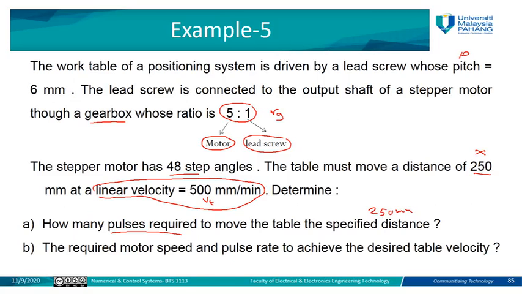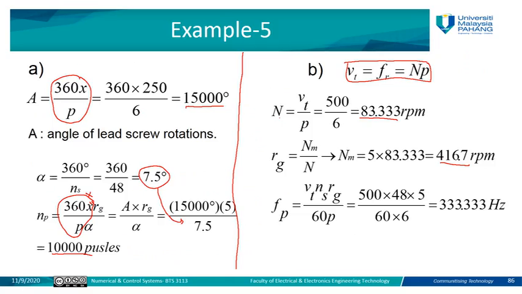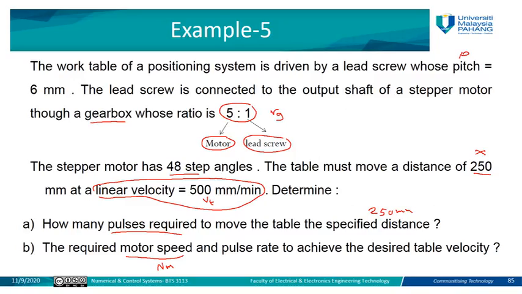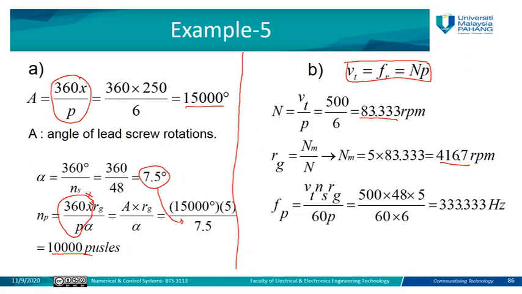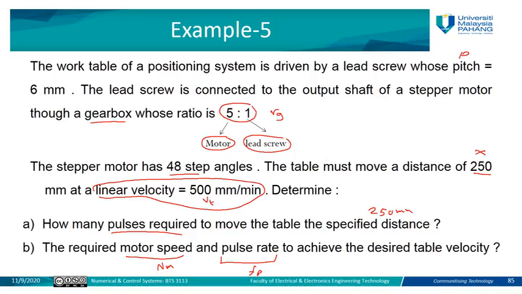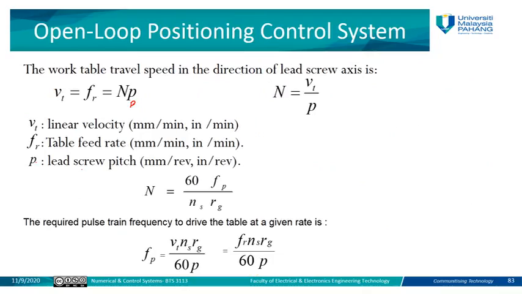Because the question here asked about two things: motor speed, which is nm, then pulse rate, which is the value of fp. After you find the value of nm, we have a formula: fp equal to vt ns rg over 60p. You can refer to the original formula here: fp equal to vt ns rg over 60p, or equal to fr ns rg over 60p, the same.